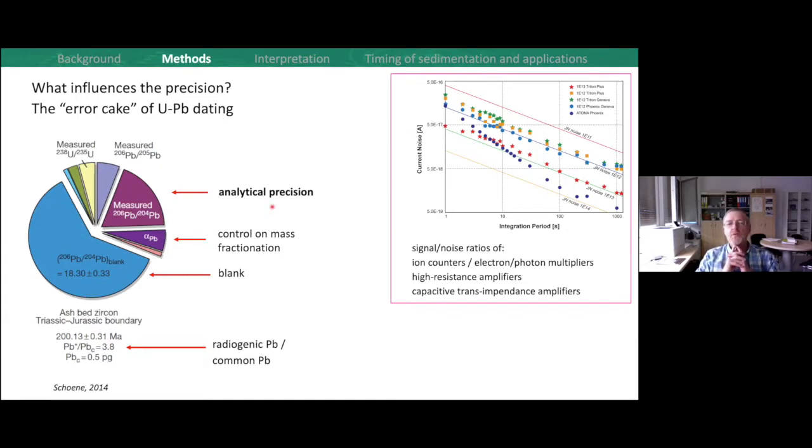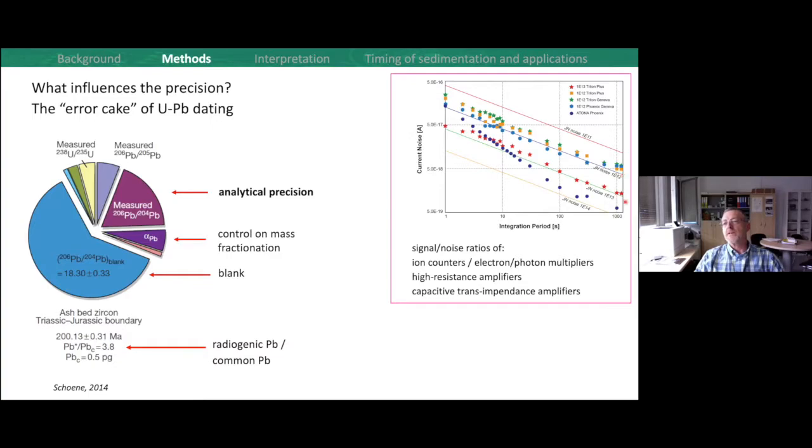So what we improved is the signal to noise ratio in our equipment. And we have developed more stable electron or photon multipliers. We use them now in digital mode as ion counters. Since many years, we discuss high resistance amplifiers that are linked to Faraday cups. So when I was a student, we were only measuring on 10^11 ohm resistance Faraday cups.